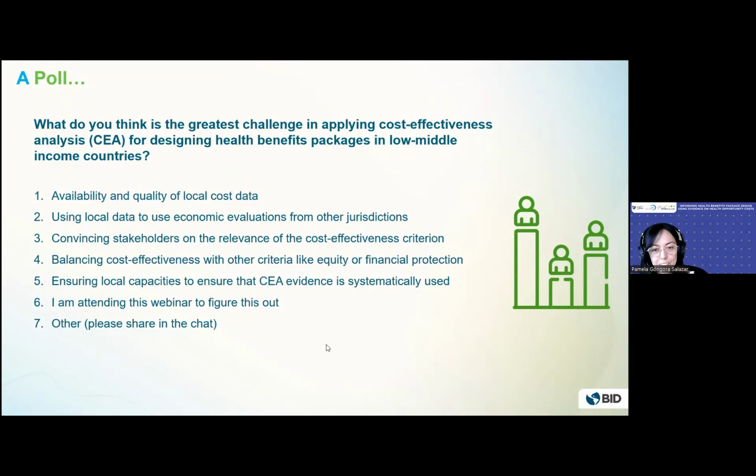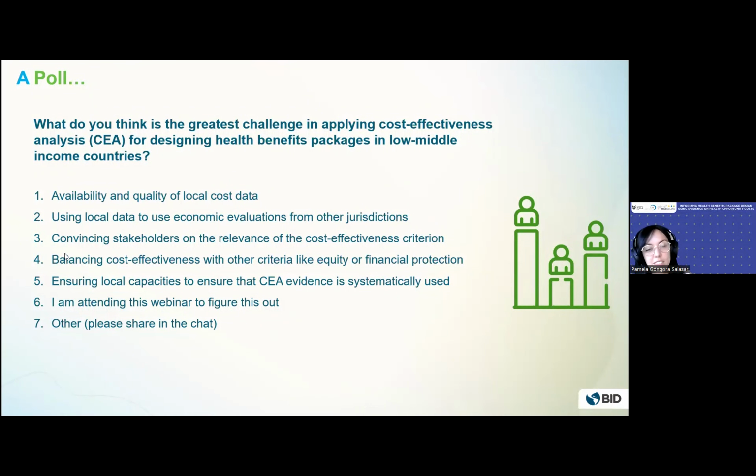I let Francis or Jessica decide when we close the poll, because I know that we are a little bit constrained in terms of time. So it could be the availability and quality of local cost data. The second one is actually using economic evaluation from other jurisdictions.